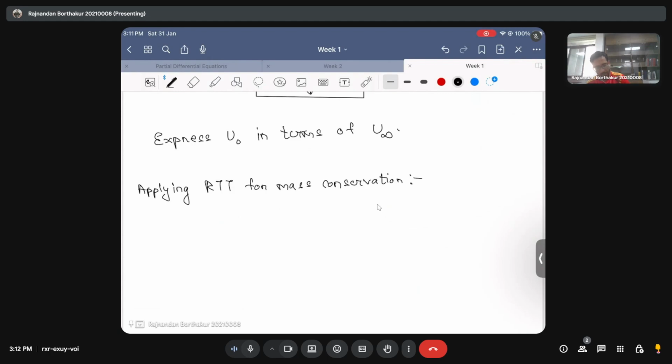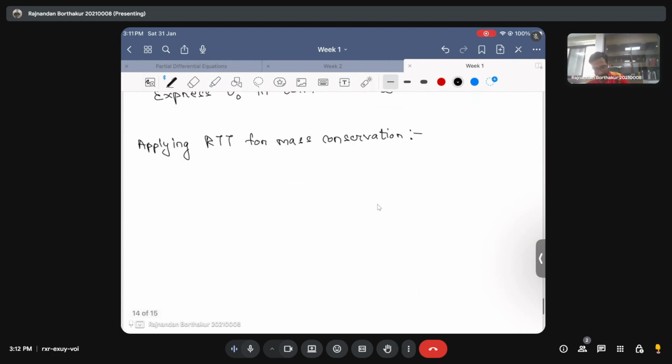And if we apply RTT, we will eventually see that the left hand side is 0 when we are conserving mass, because the left hand side signifies the rate of change of mass inside a controlled mass system, which is 0, that we all know.